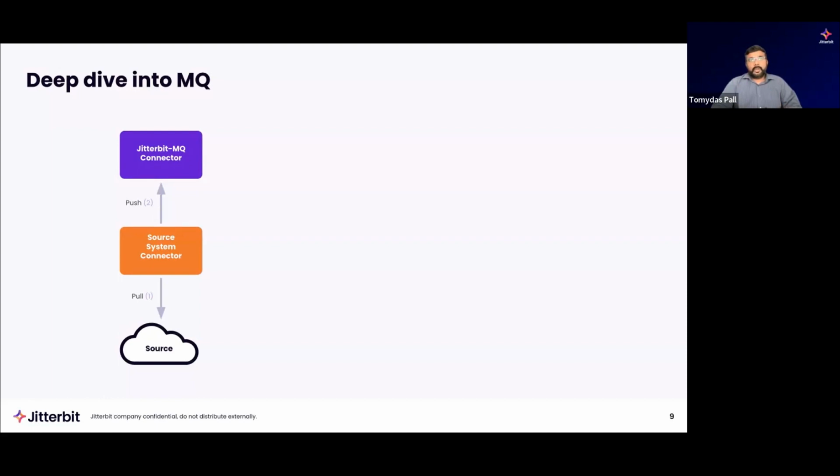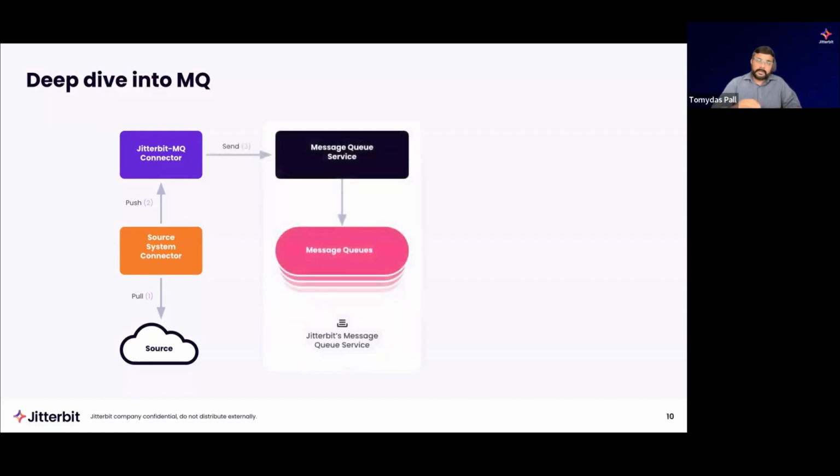Now, the Jitterbit MQ connector is a two-way connector, which can receive and send information into the queue, as well as retrieve information from the queue. So in this case, the connector sends it to the message queue service, which is the cloud message queue service of Jitterbit.